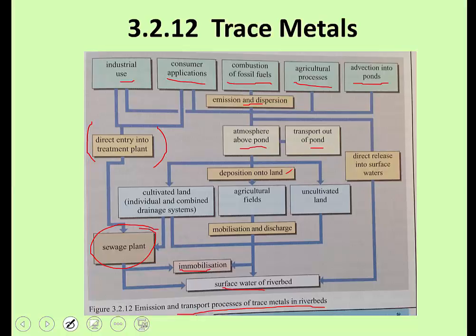They can end up on land from irrigation purposes. Eventually those all end up down here as well. Ponds are already in the surface water, so it just ends up right here. All of these metals from these various sources go through a variety of pathways, but they're all going to end up pretty much in the same place. So you want to keep an eye on the metals in the river to see the concentration.